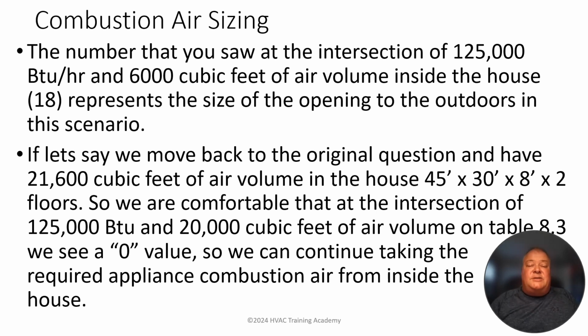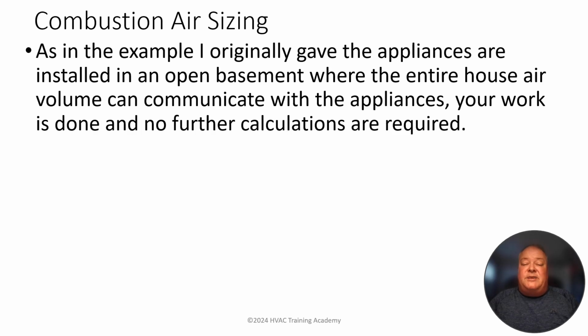So because the original question that we had said it was 21,600 cubic feet of air in a house with the dimensions 45 by 30 by 8 by 2, and we see that the intersection of 20,000 cubic feet and 125,000 BTU on table 8.3 gives us a 0, we're okay taking the air from inside the house because there is enough air inside the house to support the combustion of those appliances.